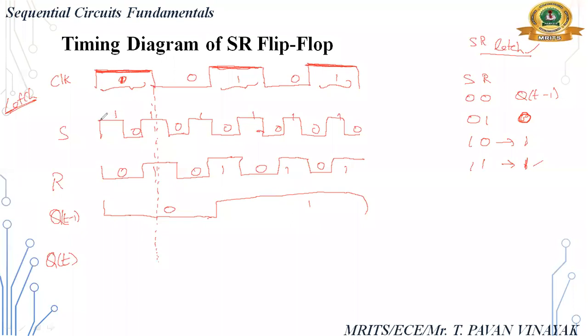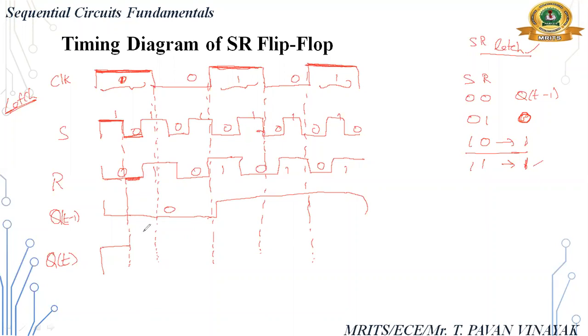So here S is 1, and R is 0. See here, S is 1, R is 0. What happened? Q will be 1. So I am drawing Q as 1. Next, S is 0, R is 0.